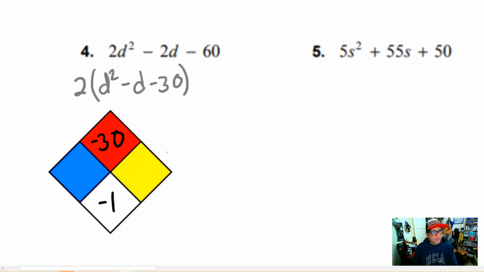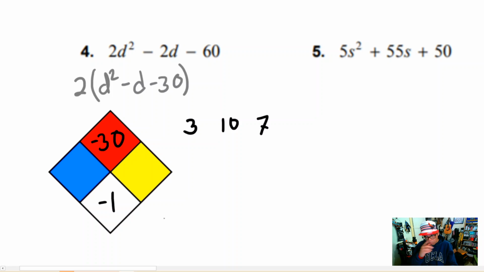Let's go over the factors of 30. 1 and 30, and if I subtract 1 and 30, I get 29, so this one isn't correct. I can do 2 and 15, and when I subtract 2 and 15, 15 minus 2 is 13, so this one doesn't work. 3 times 10 is 30, but 10 minus 3 is 7.